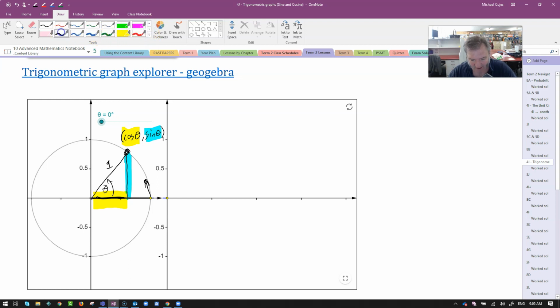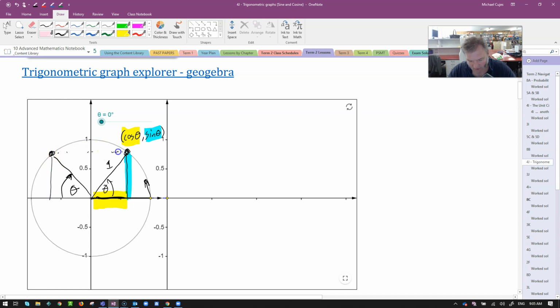So we have another angle off in the second quadrant over here, and we measure the angle from the nearest x-axis. Actually, what I'll do, I'll make it the same size as the other angle. We'll make it theta degrees away from our closest x-axis again. And what do we notice about the x and y coordinates here?